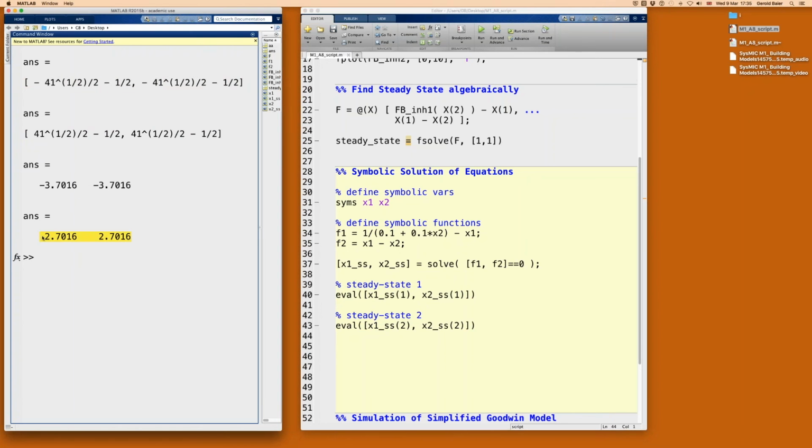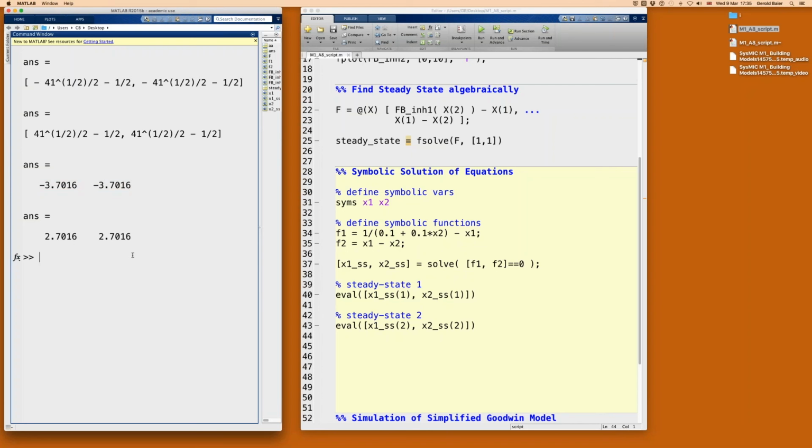So we get the same pair as we had before, the 2.7016. But we also get a minus 3.7016. And this means this set of equations taken generally has more than one steady state. So by doing it symbolically, and not depending on making a right guess in the first place, we actually get two numbers, and that means there are two steady states in the whole system.